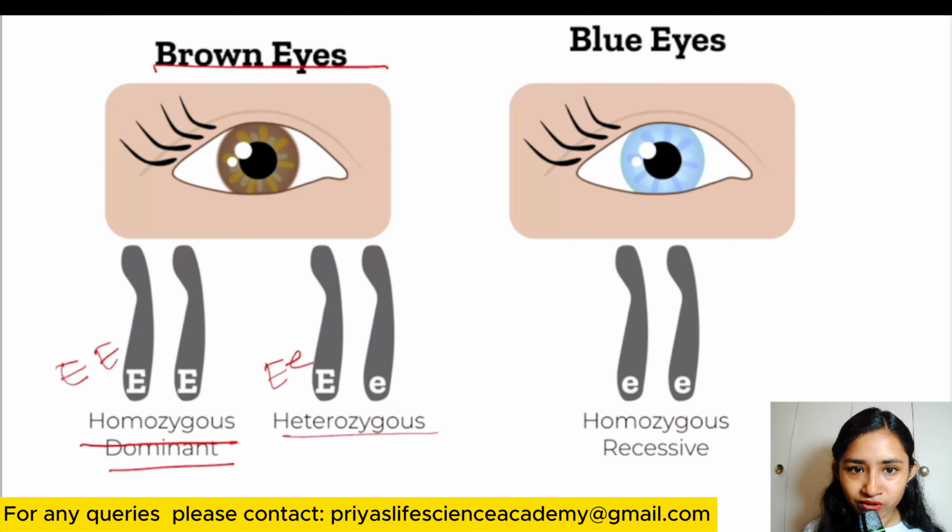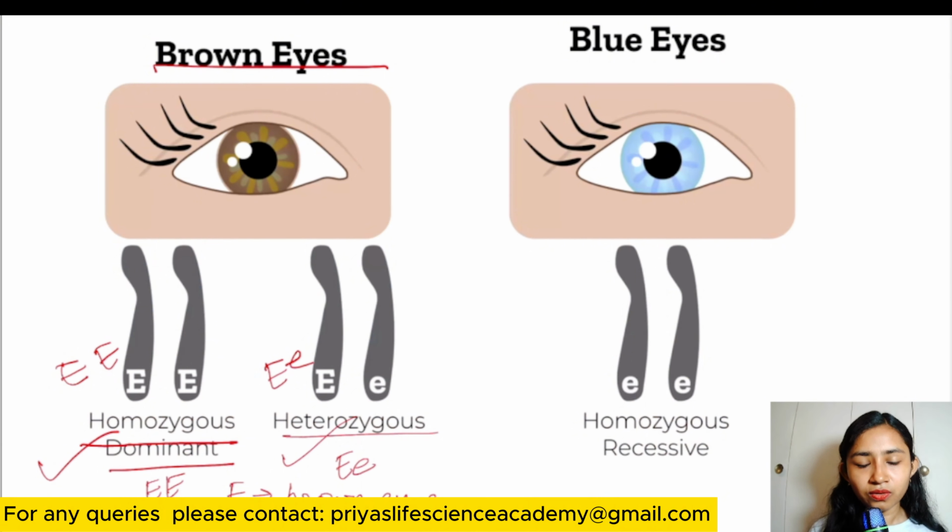Capital E allele is responsible for brown eyes. That is why in both the homozygous condition and the heterozygous condition, the person has brown eyes. Homozygous dominant means both are capital E, and heterozygous is capital E small e. Capital E is dominant over small e, so capital E is responsible for brown eyes.